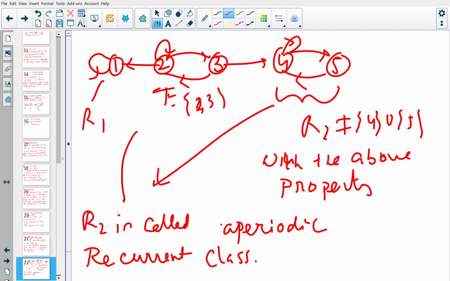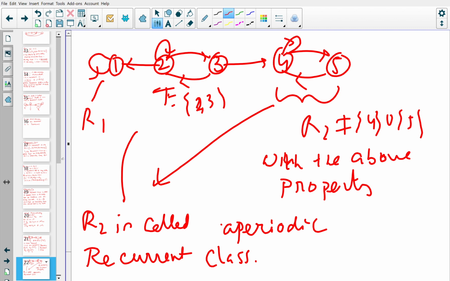Aperiodic means not a periodic class. So a recurrent class has two different types of properties: either you can subdivide it into more than one division with nice properties, or you cannot. The latter is called an aperiodic class.